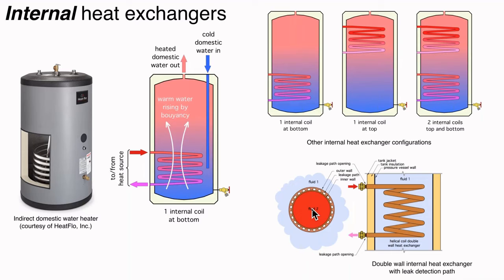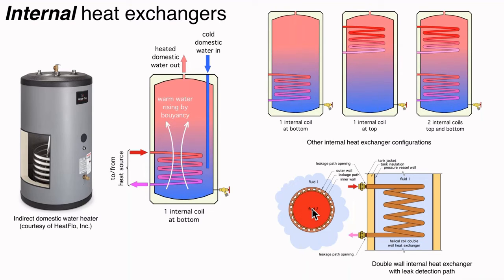And the idea here, the concept is, if either fluid leaks through the wall that is separating it from the other fluid, that fluid is going to come through those grooves, and ultimately it's going to leak outside of, in this case, the tank.